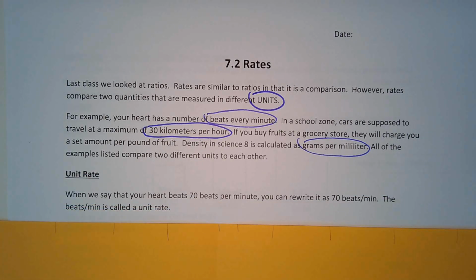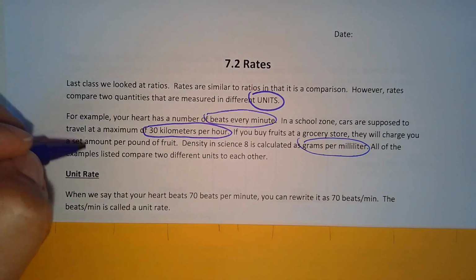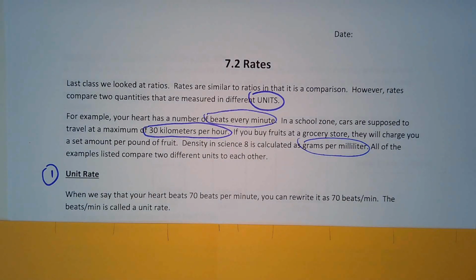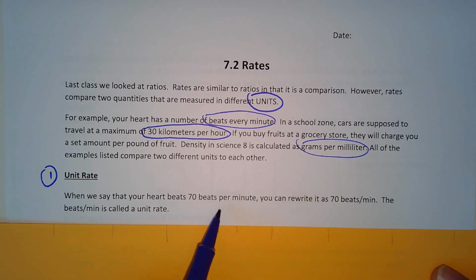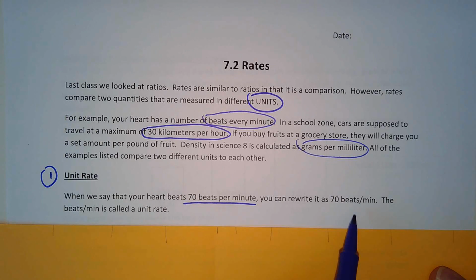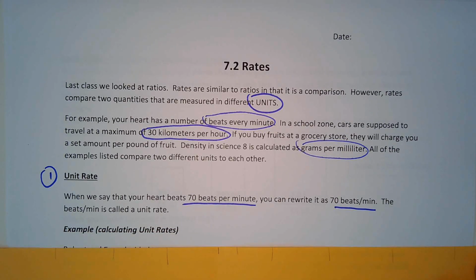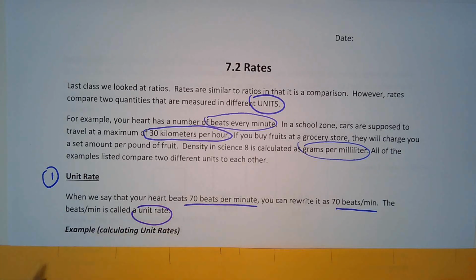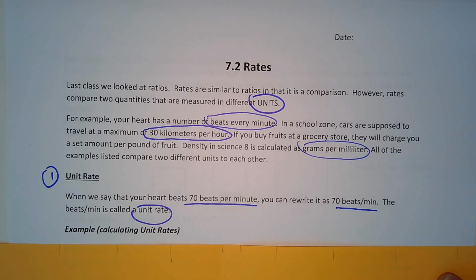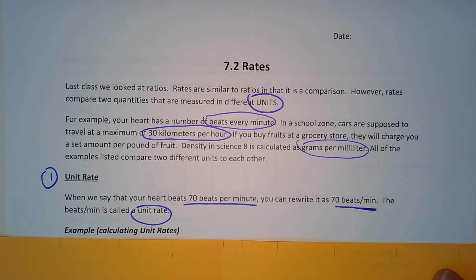Okay, so what I'm going to do is focus in on the unit rate first. So I'm going to use the example of heartbeats per minute. When we say that your heart beats 70 beats per minute, another way to rewrite that is like this here, beats/minute, and that means beats per minute. The beats per minute is called the unit rate. Notice that with a unit rate, the bottom number is 1.